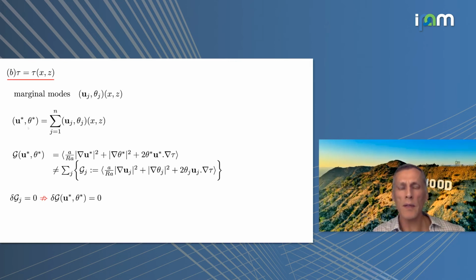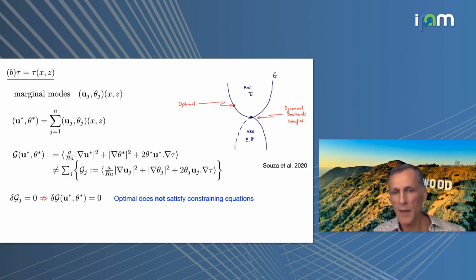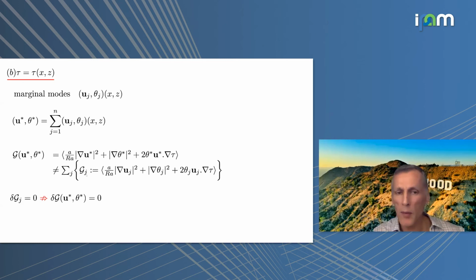Now, if I write down an optimal velocity field, which is just a sum of these marginal modes, then the key thing is that when I substitute these into g as a composite field, this is now not the sum of the individual g_j's, where I put the individual marginal modes into g. So at this point, I'm no longer assured that if I take variations of g_j and they all vanish, the variations of the composite g will also vanish for the optimal field defined up here.